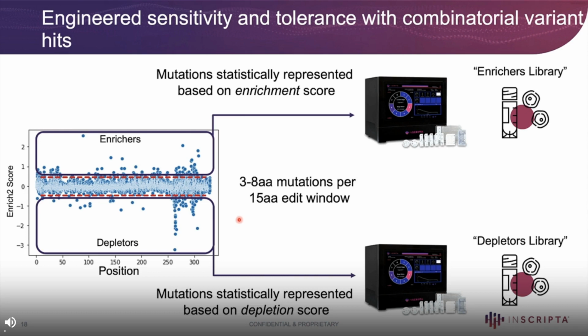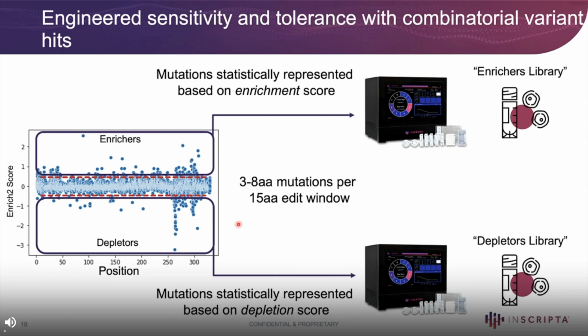So the way that this was built was that we started by just looking at the enriching score, which is correlated to how enriching or depleting the mutation is within the population. And then we plotted that against the position. And then this data was used to generate these libraries.